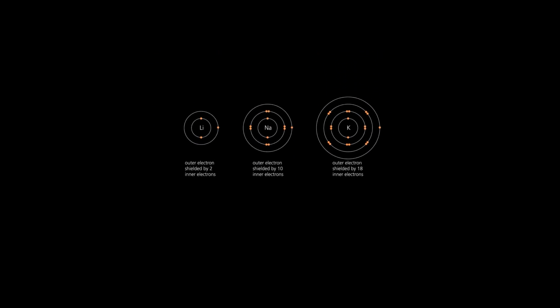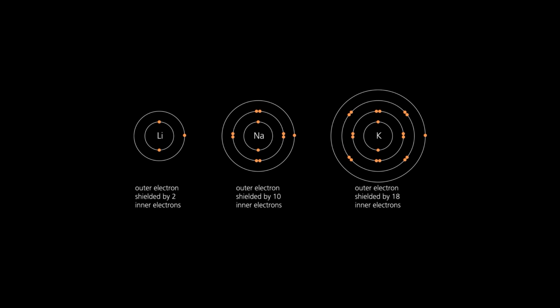So when I look at this, for example, the outer shell electron of lithium, of sodium, and of potassium all have the same effective nuclear charge, which is 1 plus. Which is why later on, when we study ionization energies and we try to remove all 3 electrons, the force on lithium, the force on sodium, and the force on potassium will then help us determine the energy required to lose the electrons.